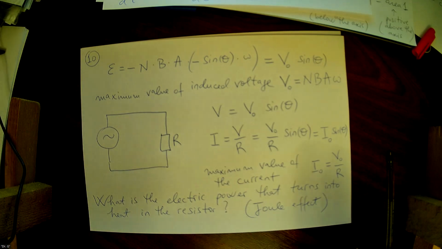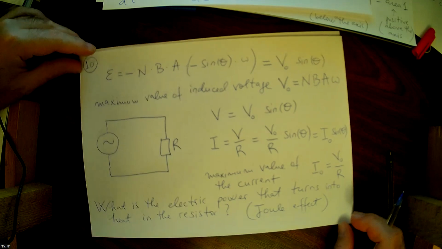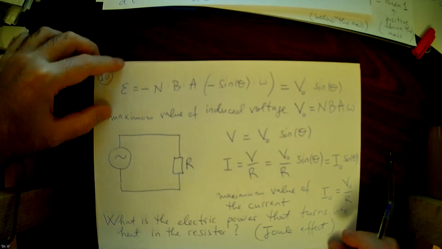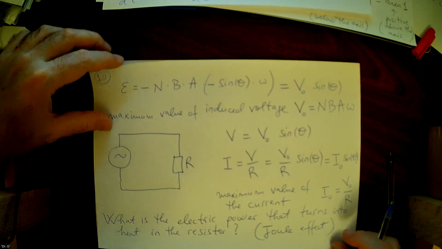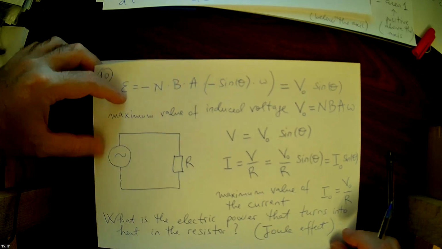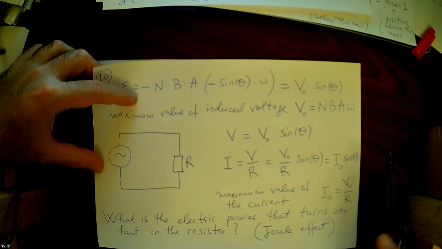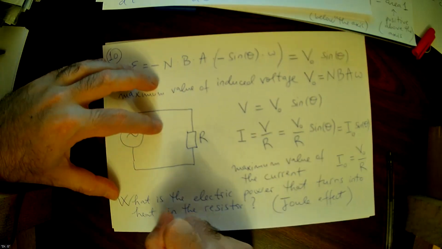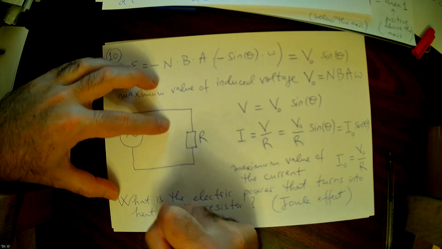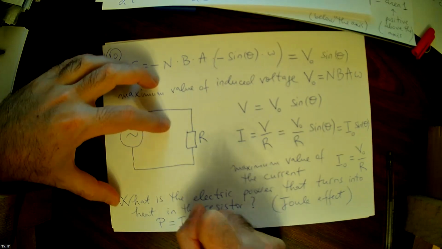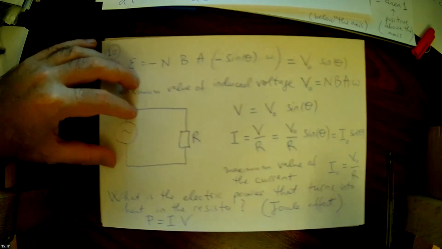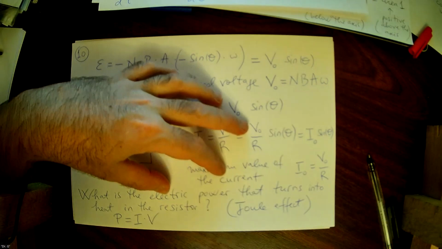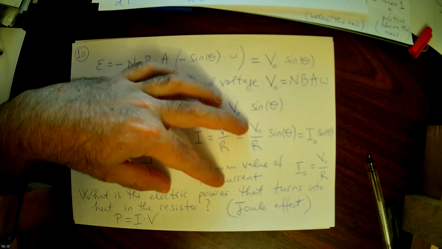Well, we know that power is voltage times current, P equals IV, but the voltage and the current are changing in time.